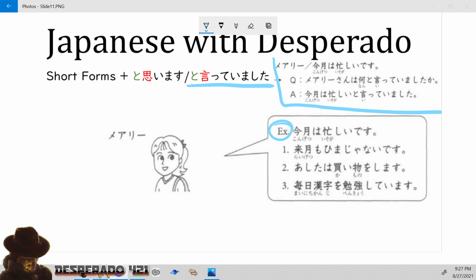So, for the example here, it says, kongetsu wa isogashii desu. Okay, I got halfway through and I was like, wait, what? I don't remember which day of the week that is. Kongetsu? Is that not a day of the week? No, it's not. It's something else. Kon here, we've learned this kanji, means now or present.